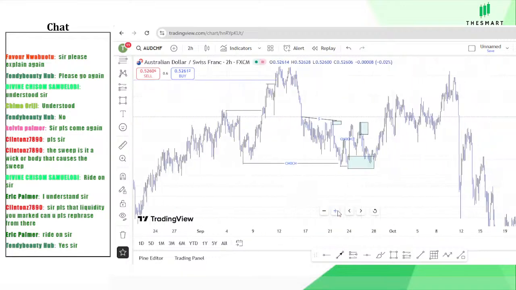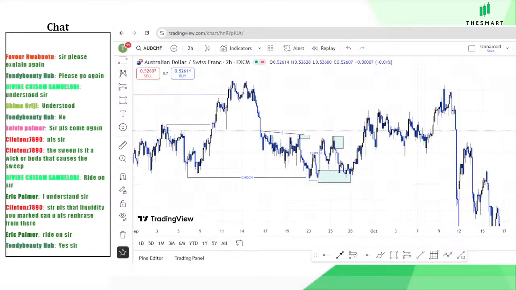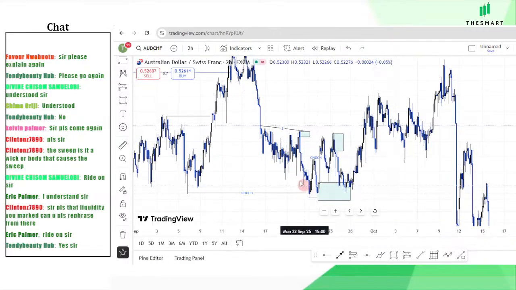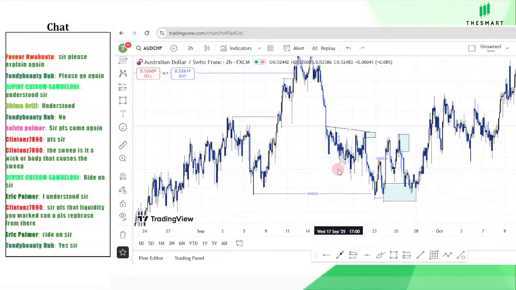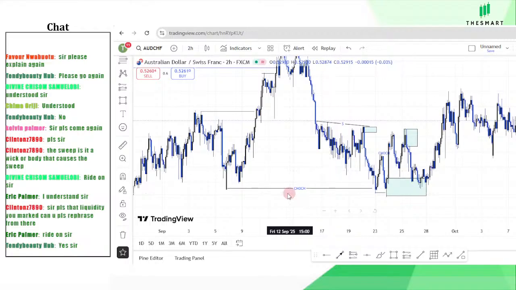But coming down, we had a change of character at this point. Having this change of character, we're expecting to look for possible sells from this supply zone.